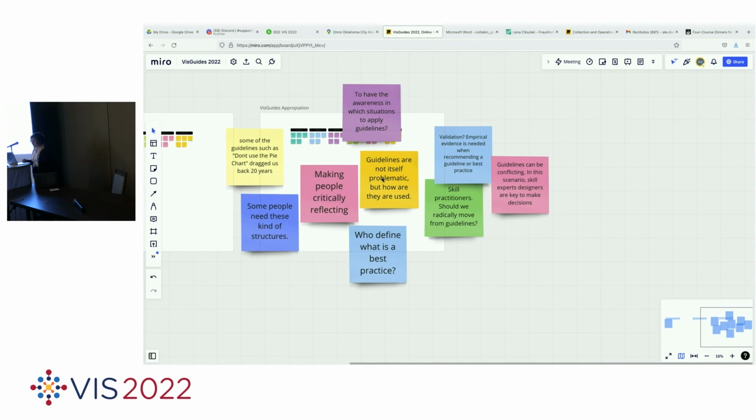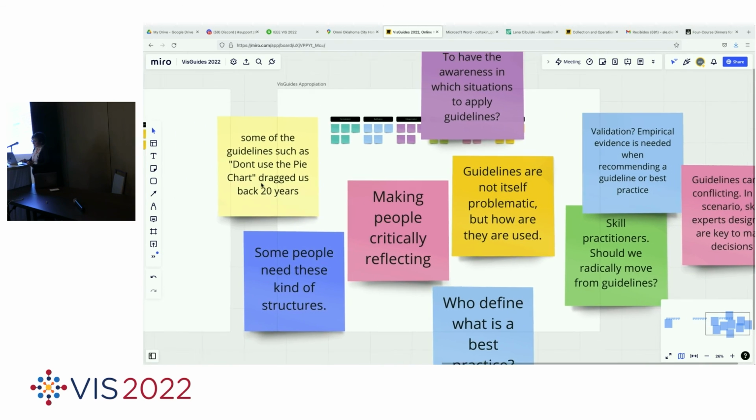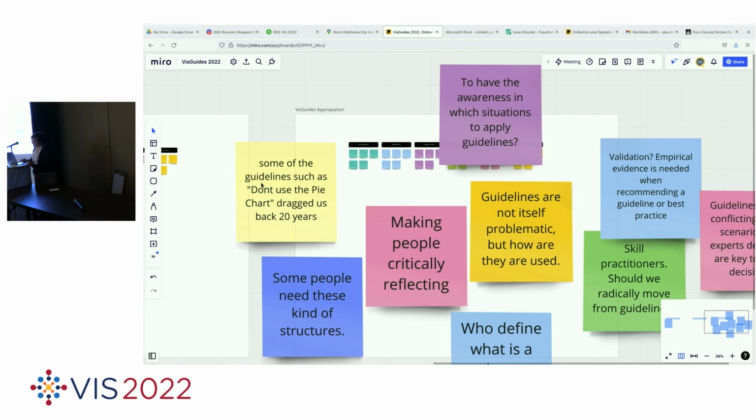So we started by asking a lot of questions. And among them, arguing as a motivation that some of the guidelines that we currently use drag us, I don't know if it's a correct word, because I was the one who wrote it, back 20 years ago.